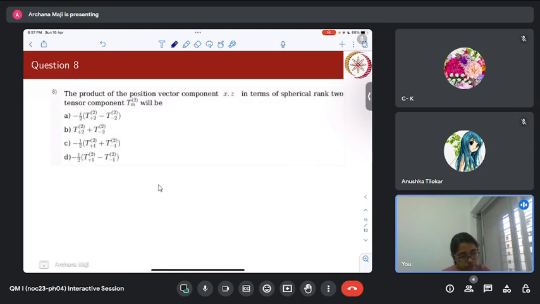The product of the position vector components x, z in terms of spherical rank 2 tensor components will be what? So I've noticed that these spherical tensors were not taught by ma'am during the lectures, but this is something that was taught in the tutorial session.